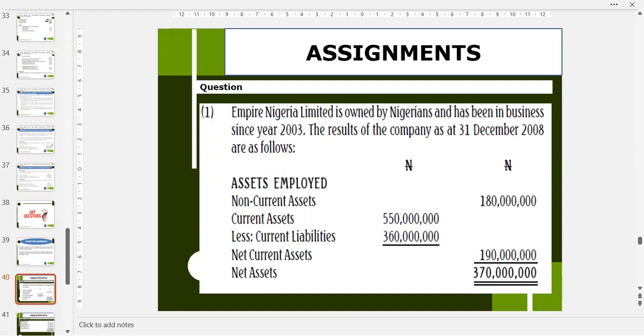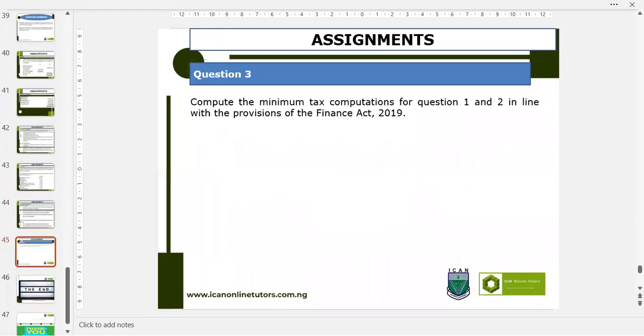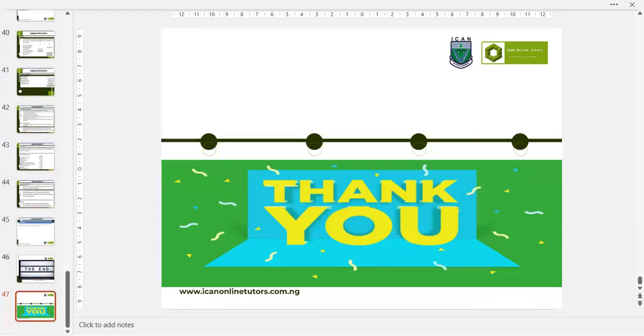Is it page 331? Okay, yes. So refer to page 331 up to 332 of your study text for your short answer questions and multiple choice questions. Please do ensure to practice all of these assignments as you prepare for your coming exams.